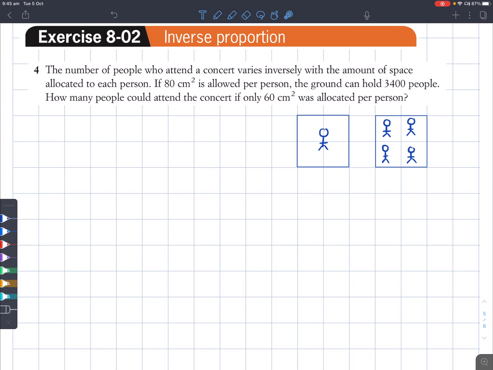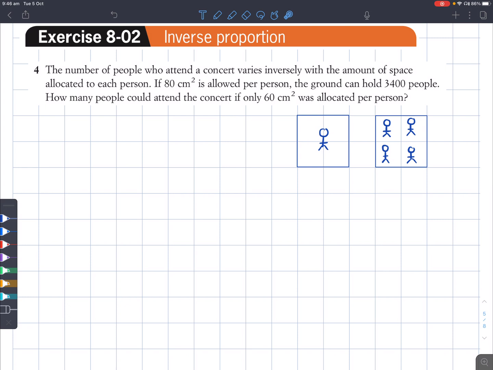So I drew 2 diagrams just to show you what this actually means. So if a person was given this amount of space, which is like 4 squares on my iPad, compared to a person who is only given 1 square, you can see that the number of people who can fit in this square would just be 1, whereas the number of people who can fit that same size square, given that the amount of space for each person is less, is going to be 4 people.